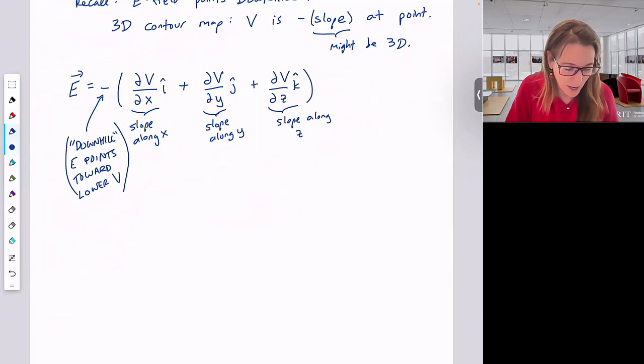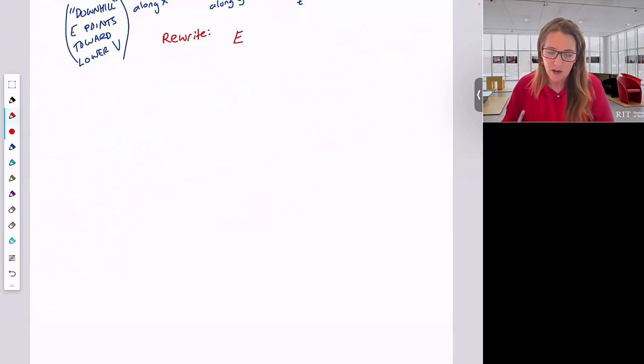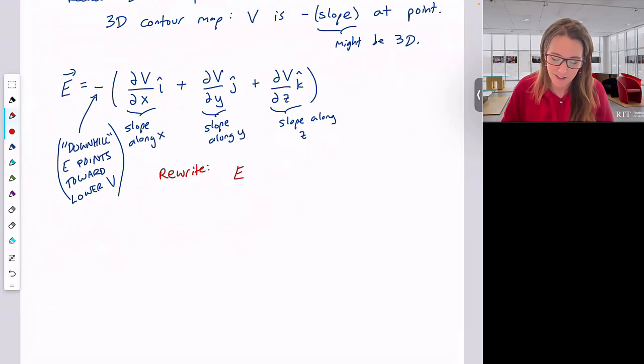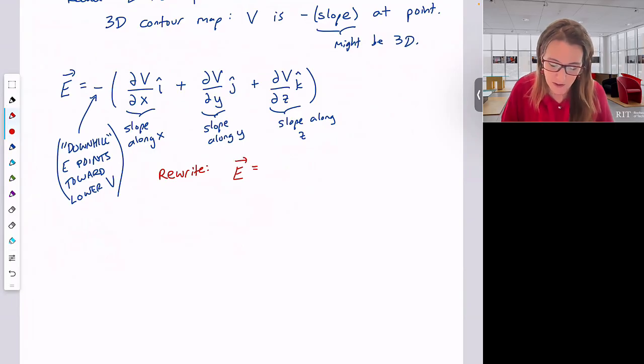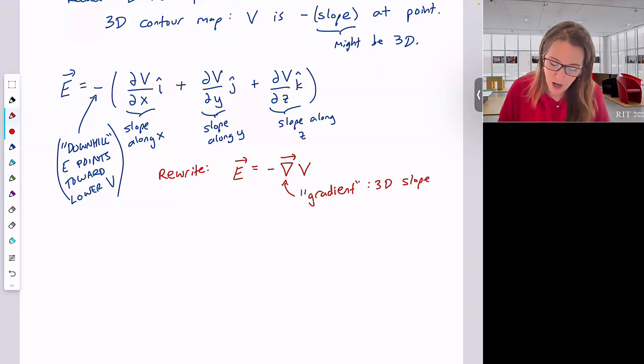So a simpler way of writing this is as follows: the electric field is equal to negative times the del operator applied to V. When it's written like this without a dot product, this is what we call the gradient, which is essentially a 3D slope.